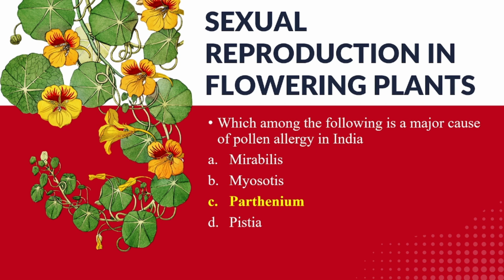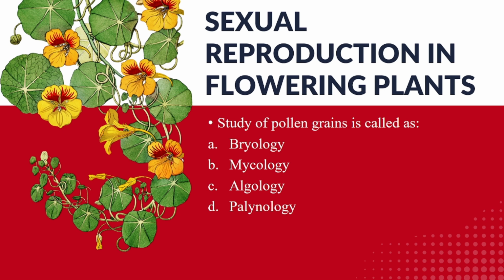Then the next one is, study of pollen grains is called as. We have not introduced the term in our textbook, but still we have to understand it. The study of pollen grains might be option A, bryology, option B, mycology, option C, algology, option D, pollinology. I have given you options in a way that you will be able to crack if you understand the words, if you are aware of the first year topics from our chapters on the plant kingdom, biological classification, and everything.